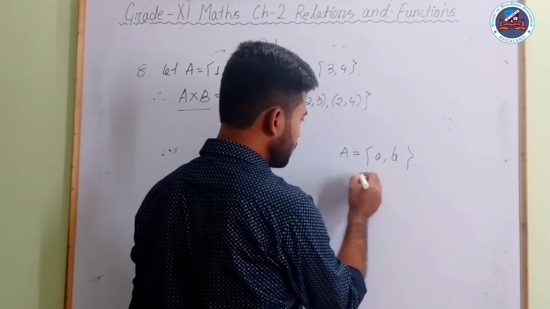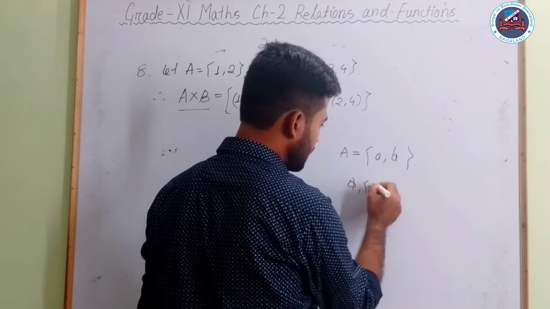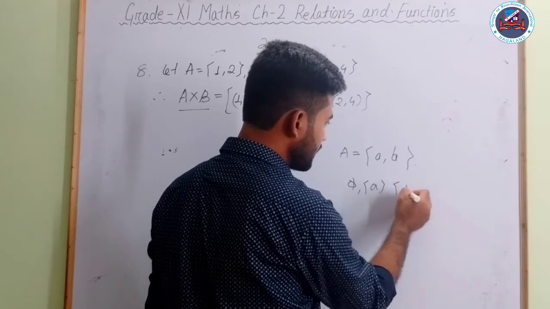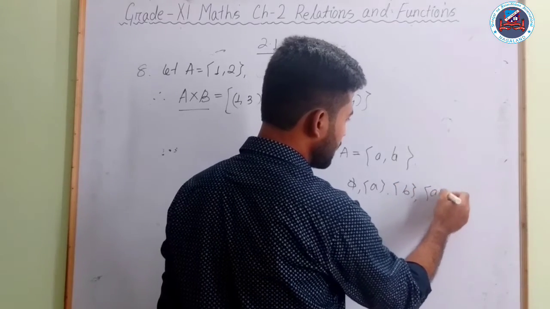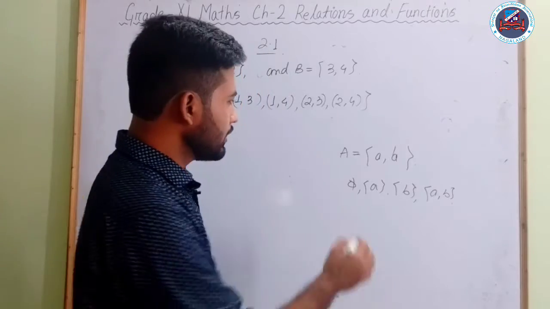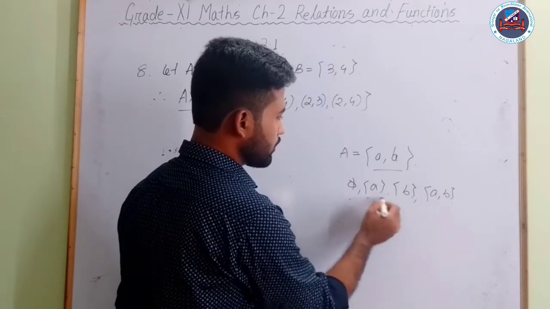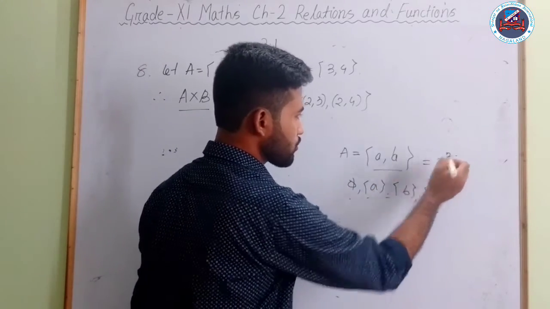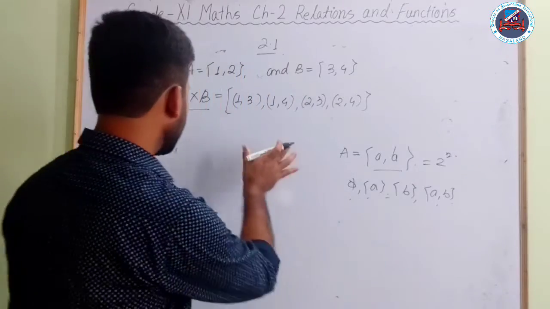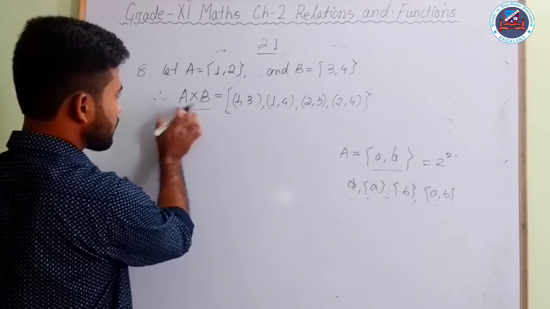Subsets will be phi, then A individually, then B individually, and then AB together. Fine. That means if there are 2 elements, we have got 4 subsets, so that will be equal to 2 squared, isn't it?